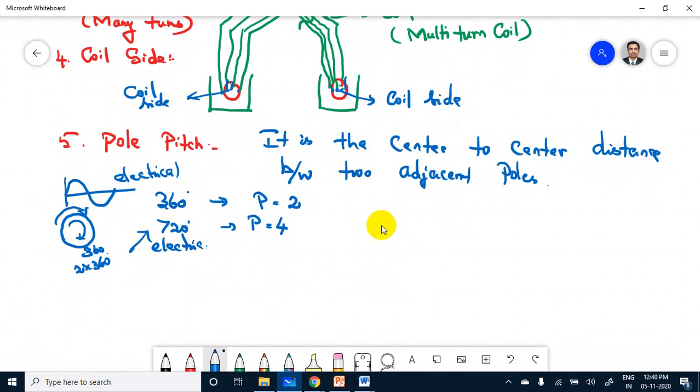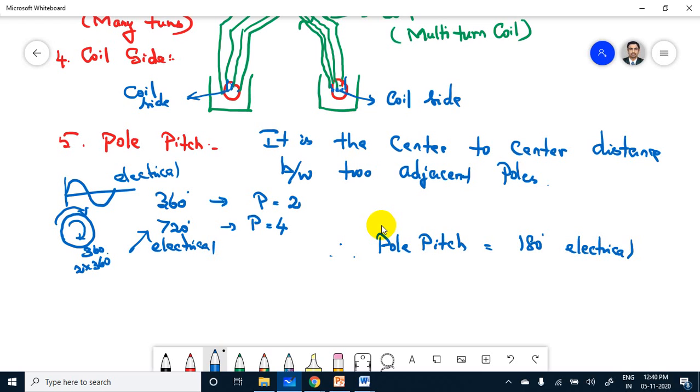Electrical angle. So therefore, please take down, pole pitch equal to 180 degrees electrical.